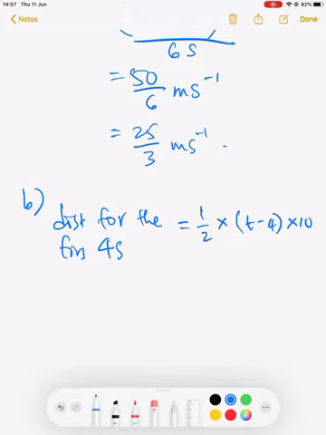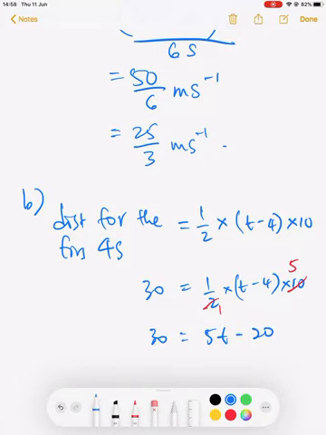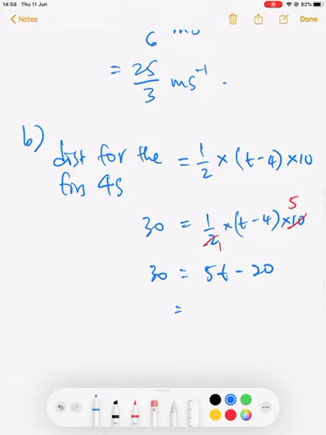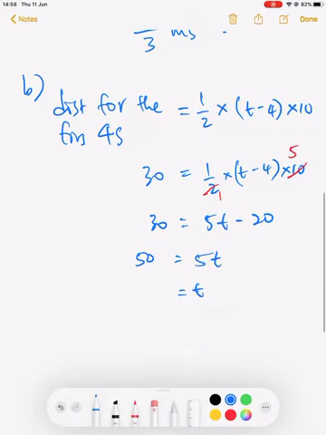So 30 here equals 1/2 times (t minus 4) times 10, 5t minus 20. 30 plus 20, 50, 5t. t equals 50 divided by 5 equals 10. So t is 10.